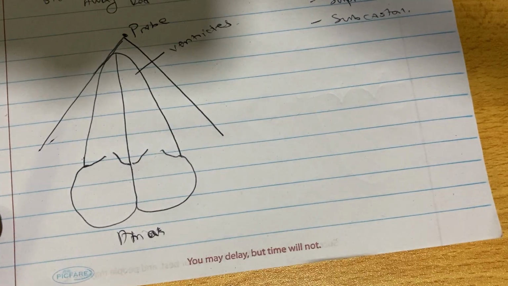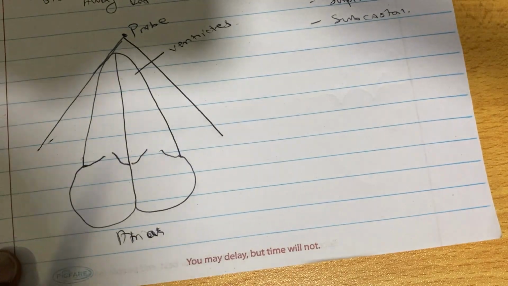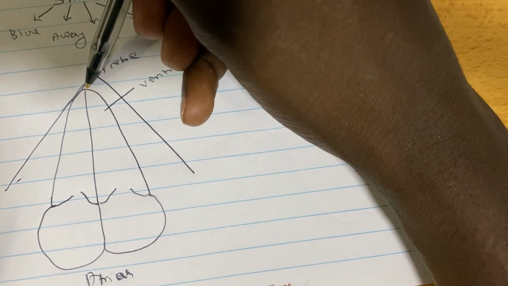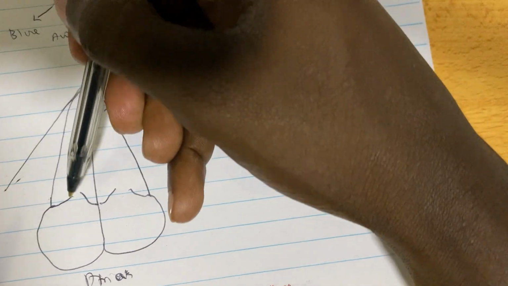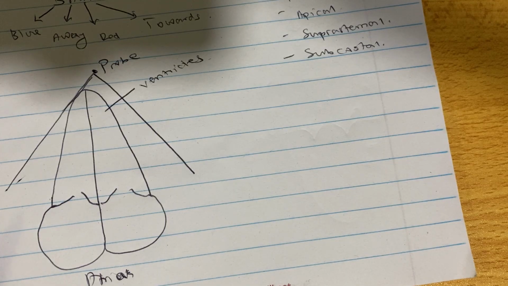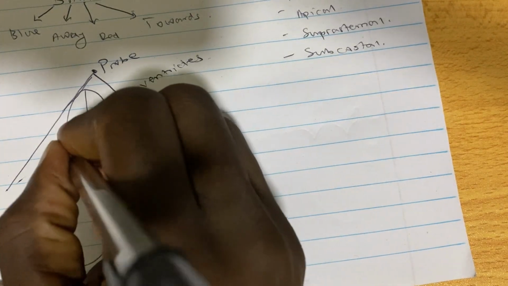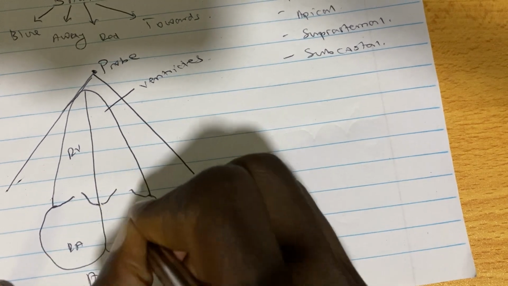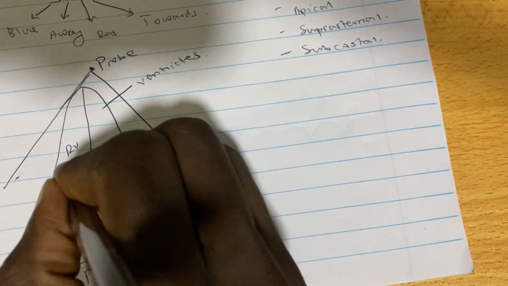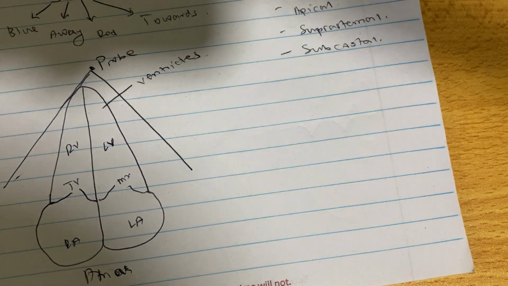If you do 4-chamber and you have not changed your image orientation on the screen, it will appear like this. Meaning, when you put the probe at the apical impulse, you see the apex first, and then you go up the heart as you follow. So if you remember the blood flow, if this is the right ventricle, right atrium, left atrium, and then left ventricle. If this is the mitral valve, tricuspid valve, where is the normal blood flow going?